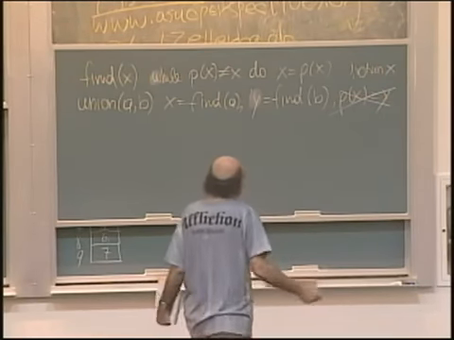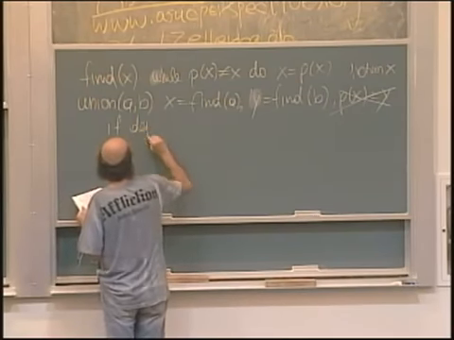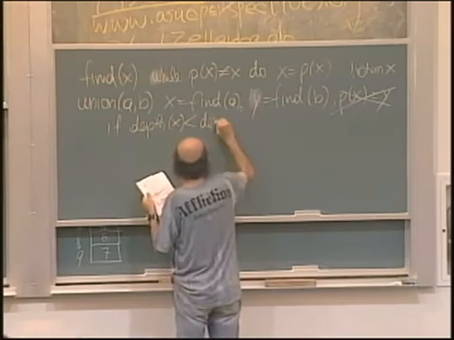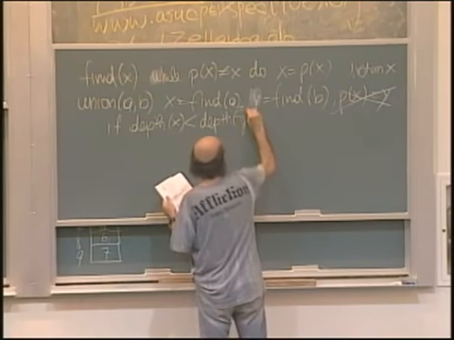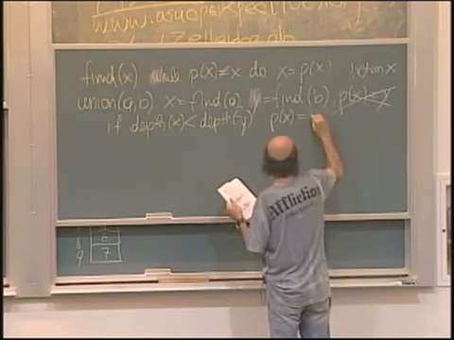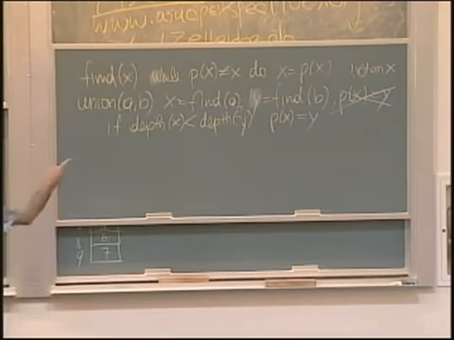All right, so here's how I do it. I say, if depth of x less than depth of y, then p of x equals y. Then, of course, I make x child of y, because it's of lesser depth.